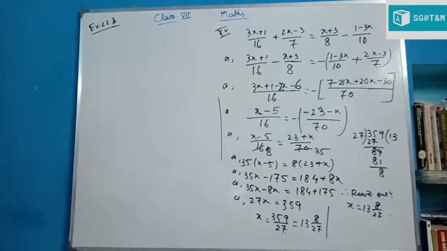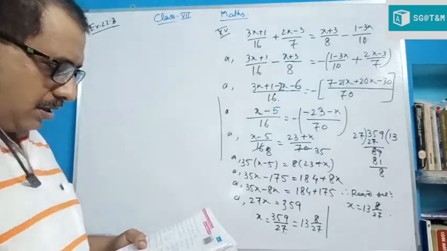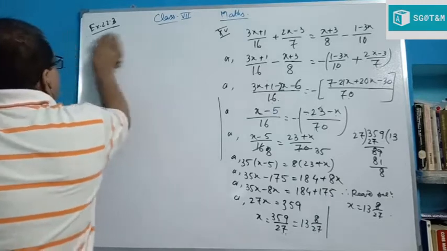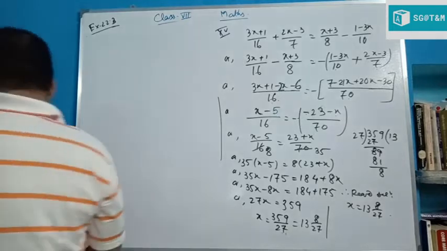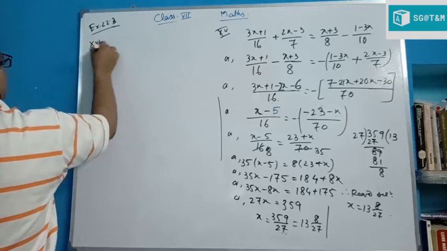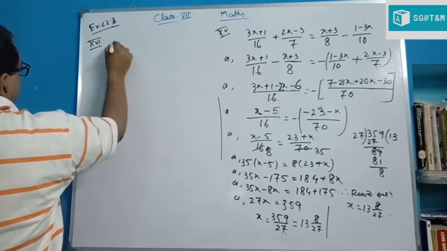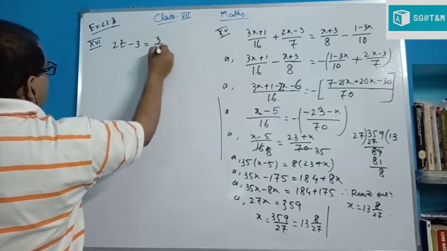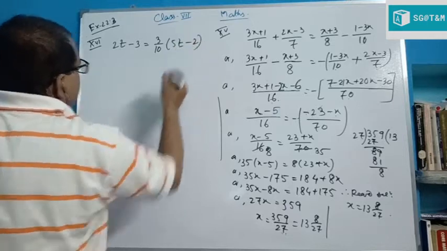After that, which one? Next variable is t, and these two. Sum number 16. 16 is twice t minus 3 equals 3 by 10 into 5t minus 2.